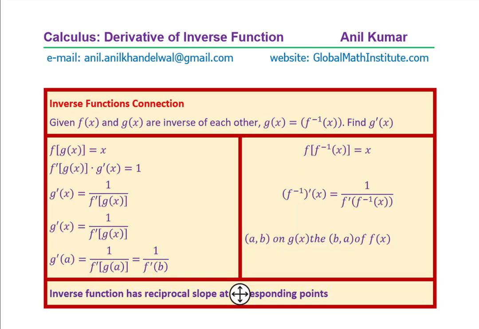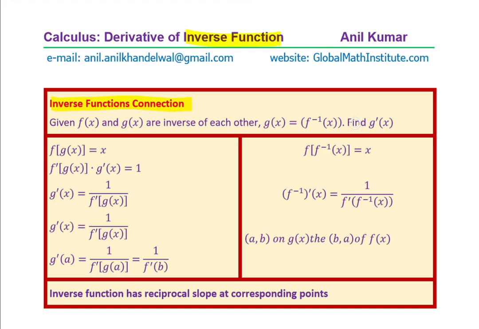Now, you also know what an inverse function is in general and how we find the derivative of an inverse function. Let's have a look at that also. Here we're talking about a general inverse function, right? So if we are given f of x and g of x are inverses of each other, for the time being we'll take g of x as the inverse of f of x.